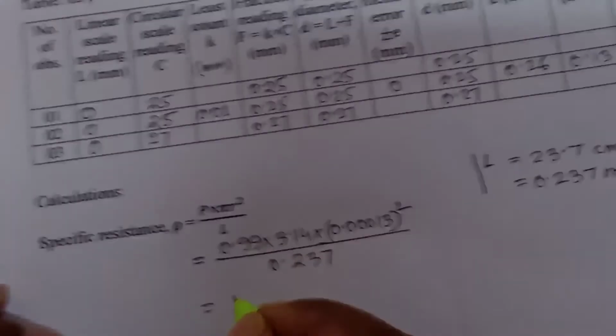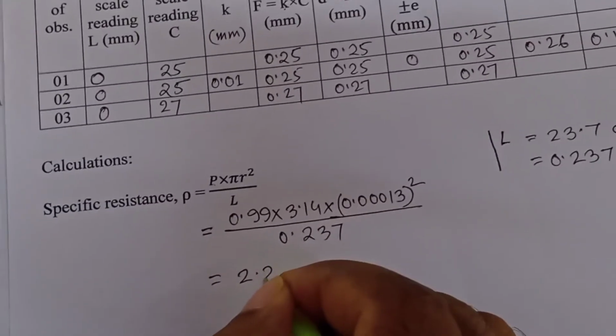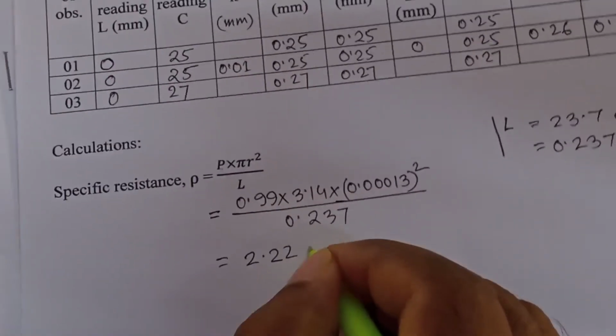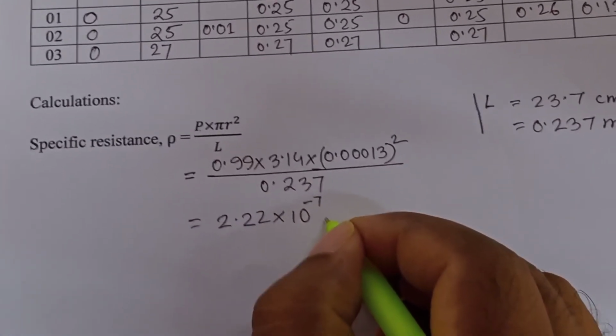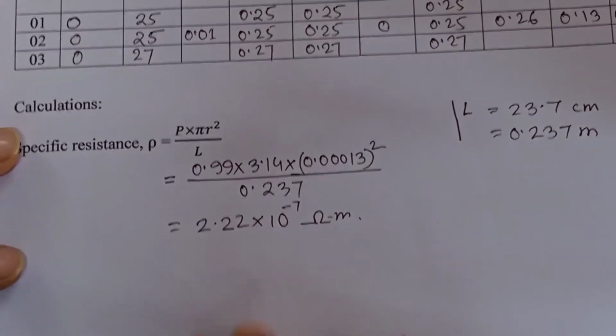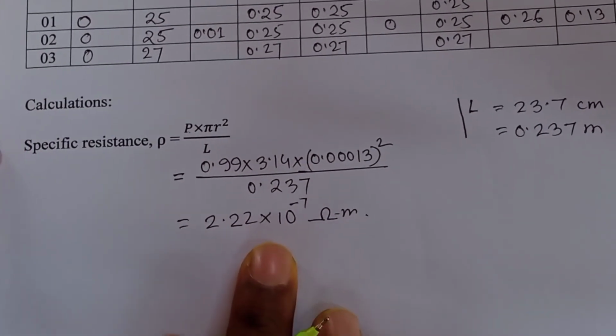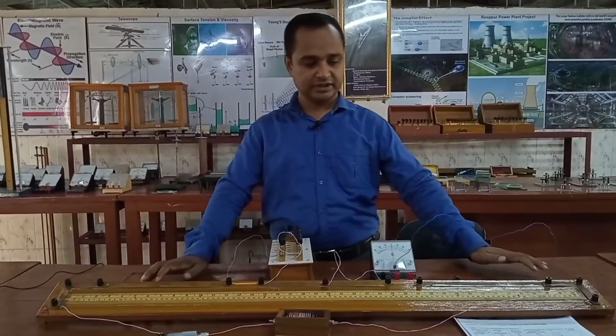Okay, and after the calculation we will get 2.22 into 10 to the power minus 7, and the unit will be ohm meter, right. This is the specific resistance of the wire, right.